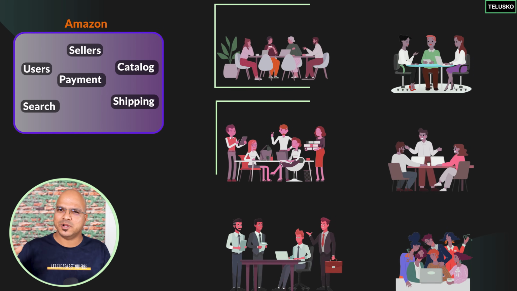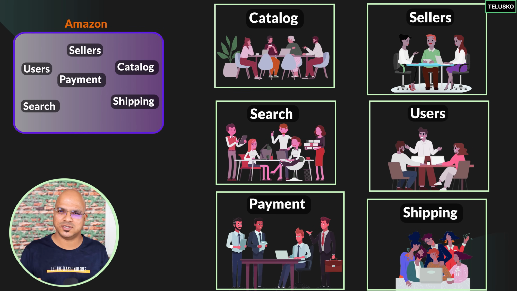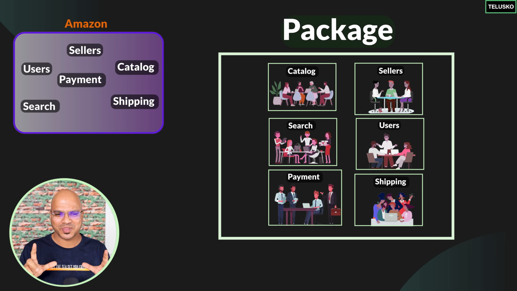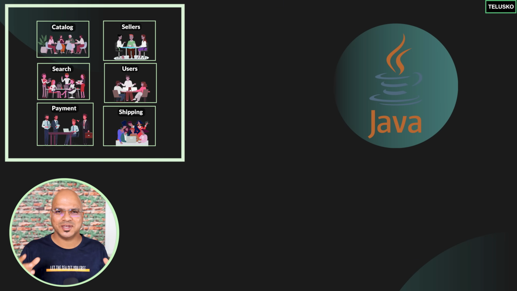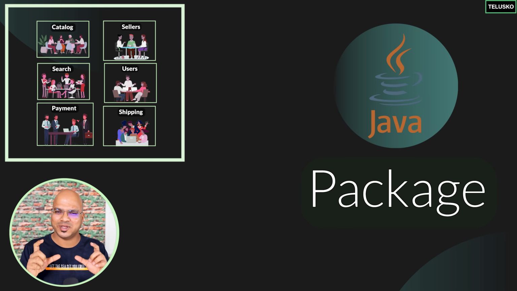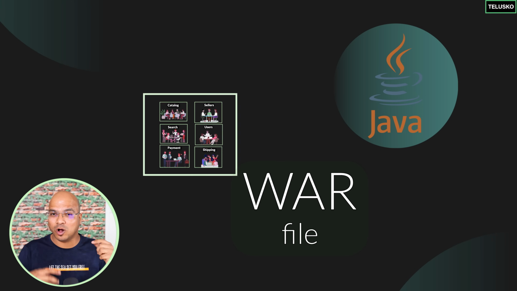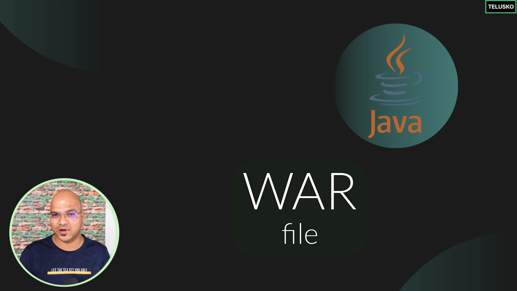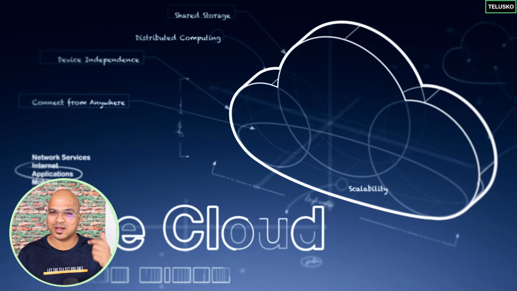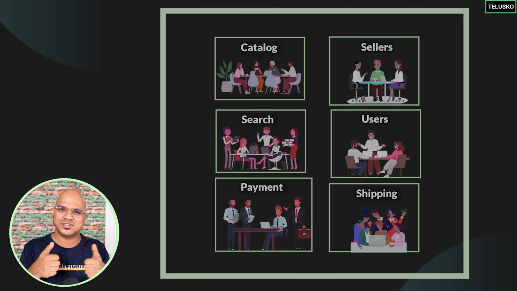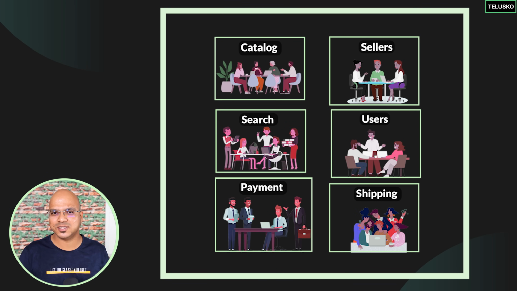Even if you have multiple teams working on different services, they are still one package, right? In Java, for example, you create a WAR file or a JAR file. You put all the services in this file, and then you deploy it on a cloud or on any server. The problem is you have a lot of services here on one system.